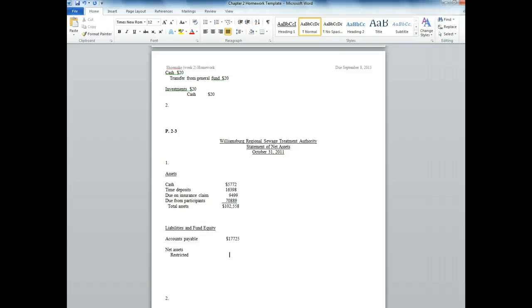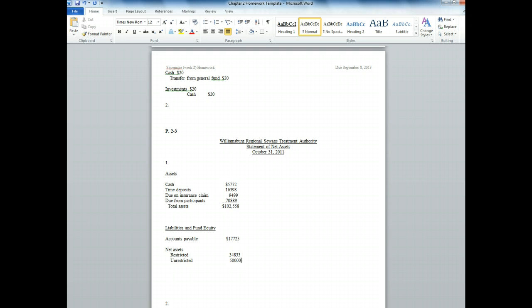The capital projects fund, isn't that restricted? Specifically for the project? 34,833? And what do we have for unrestricted? In the general fund? The 50,000. About 84,833, if you add the two together.